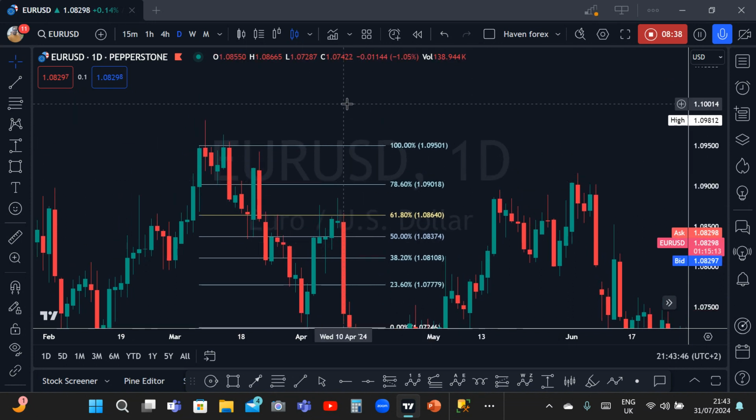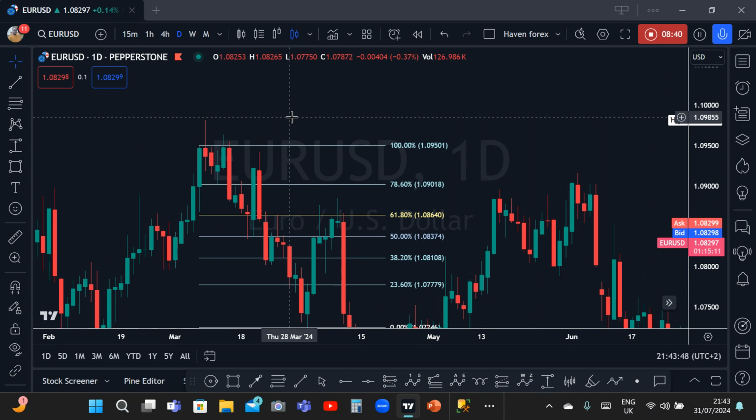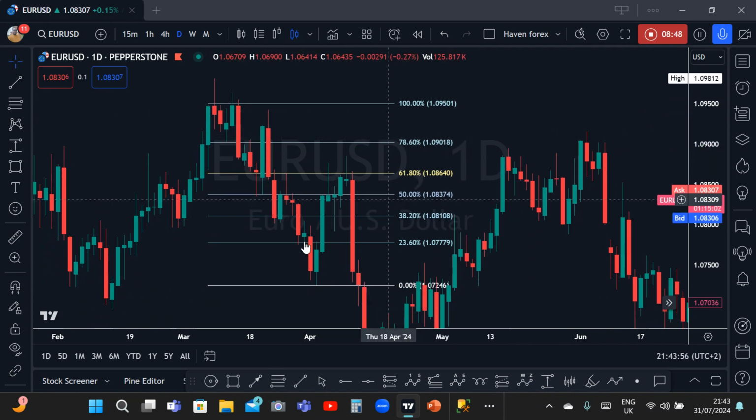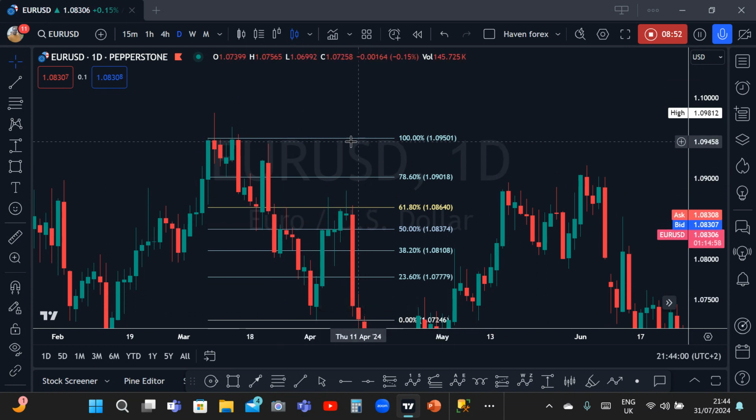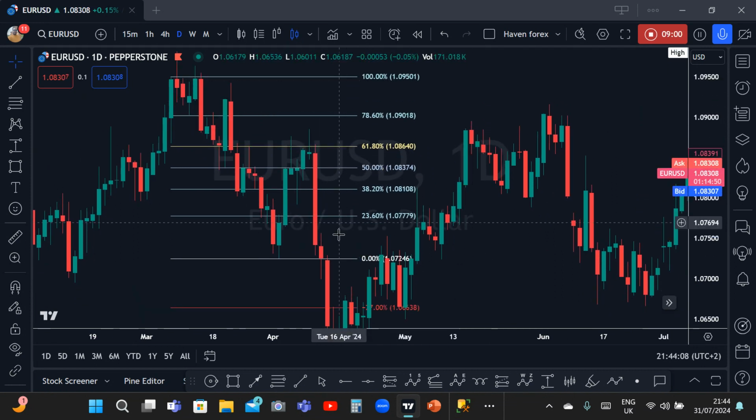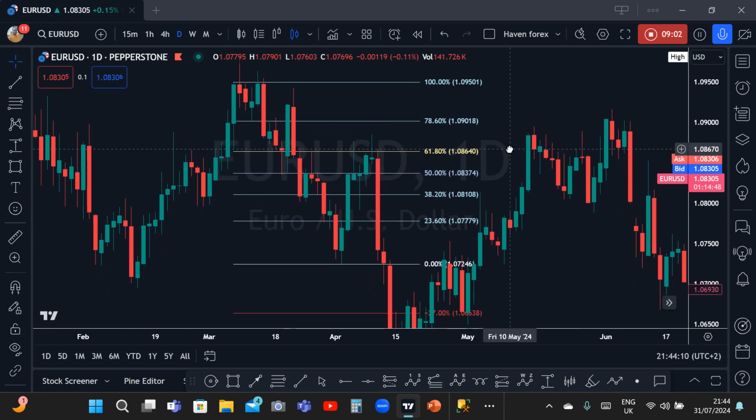But if it breaks and takes this high, meaning that the trend is about to change. But usually, if it is a deep retracement, after just at this 100%, it will find a support or a resistance before it will resume the underlying trend.